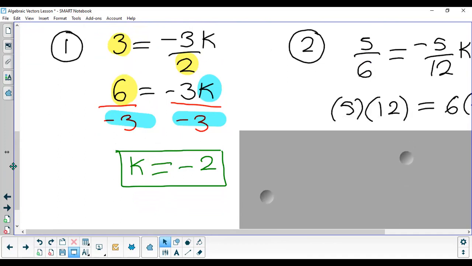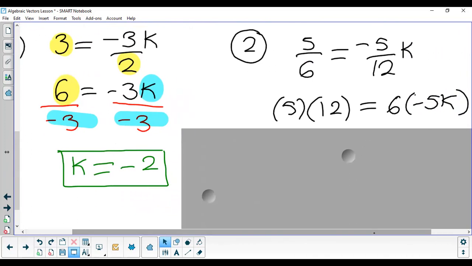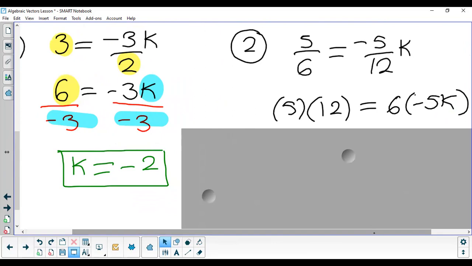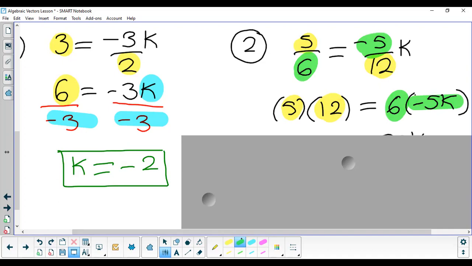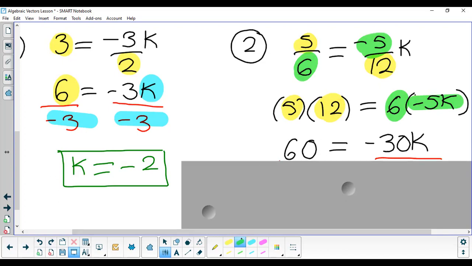This is a little bit more complex because now I have to multiply 5 and 12 together. This is cross multiplying, 6 and -5, sorry, not just -5, but -5k. Everyone should be well versed. I'm cross multiplying because I have two fractions separated by an equal sign. That gives me 60 is equal to -30k.